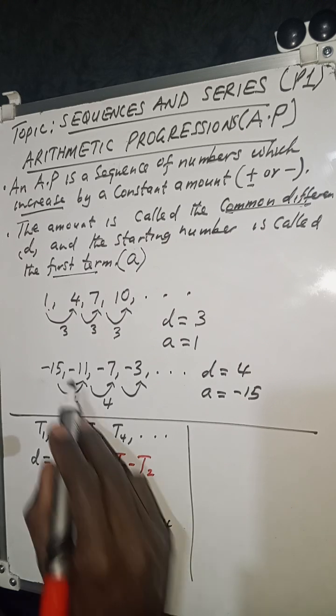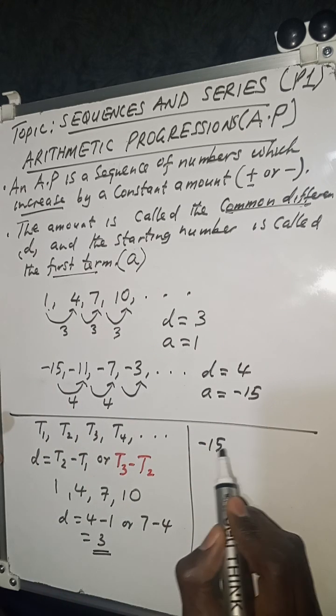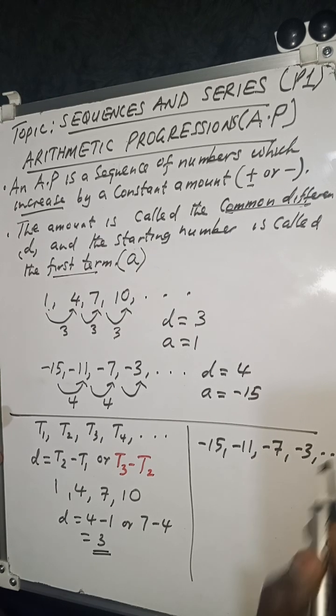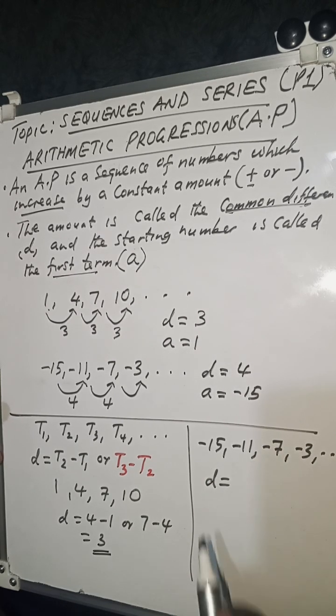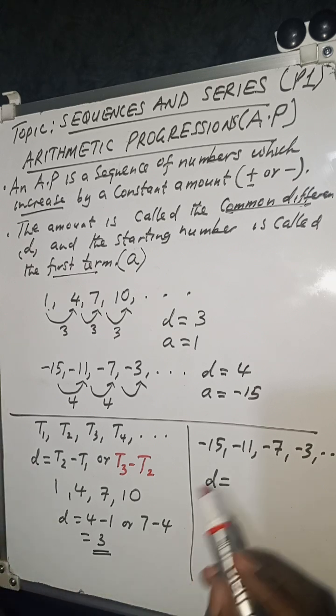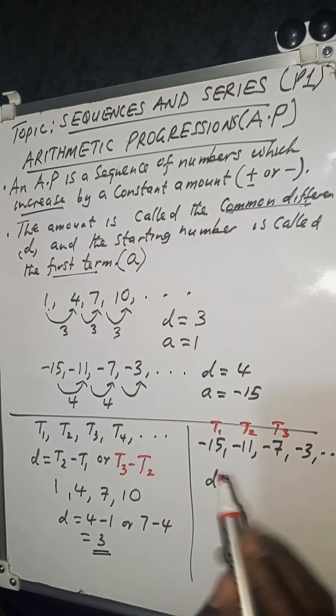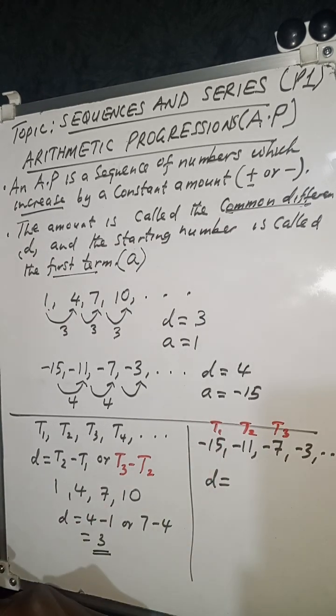What about in the other one that I gave you, -15, -11, -7, -3? Yes, it was possible for you to get the common difference. Remember, this one is the first term, this one is the second term, the third term. Don't say, no, because this one is bigger, you start with that one. That would actually be wrong.